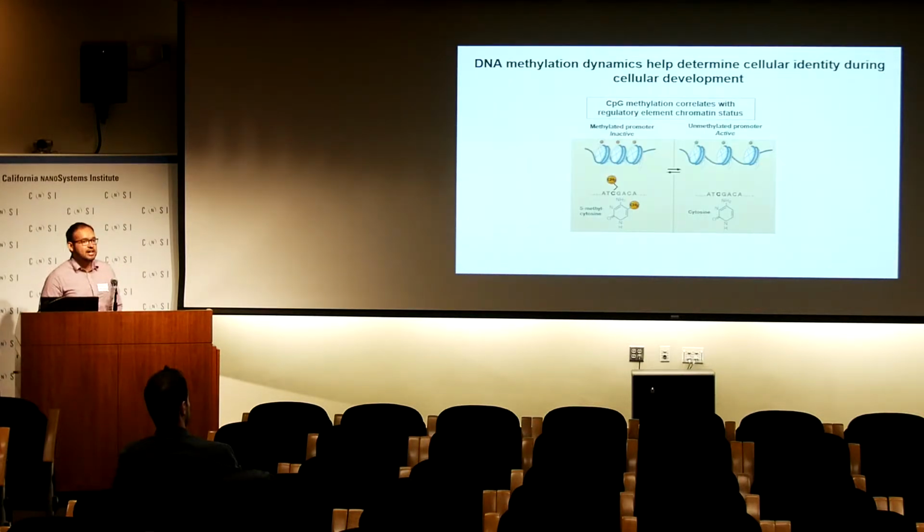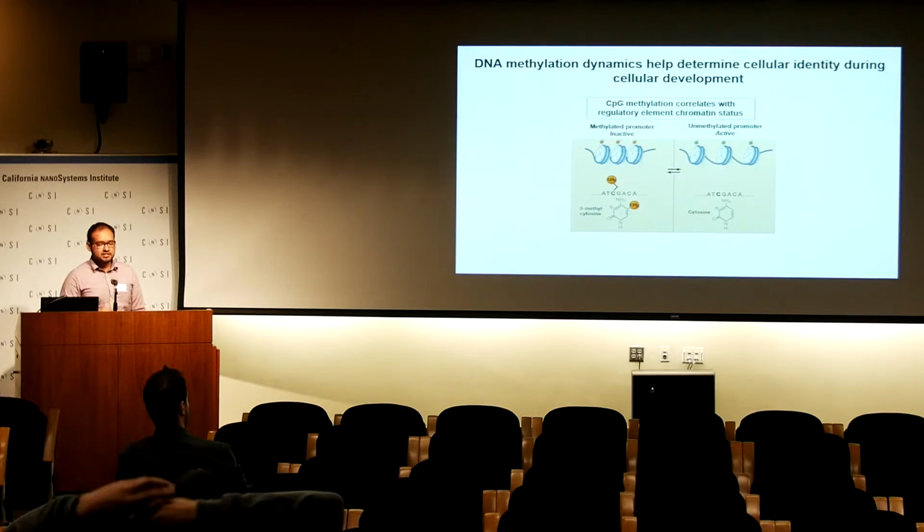So just a little quick background on DNA methylation. Here we look at CpG methylation. DNA methylation occurs at these CpG dinucleotides. So if you look across the sequence of DNA, we're talking in particular about when there's a C next to a G. The P is for the phosphate, which is in between here.